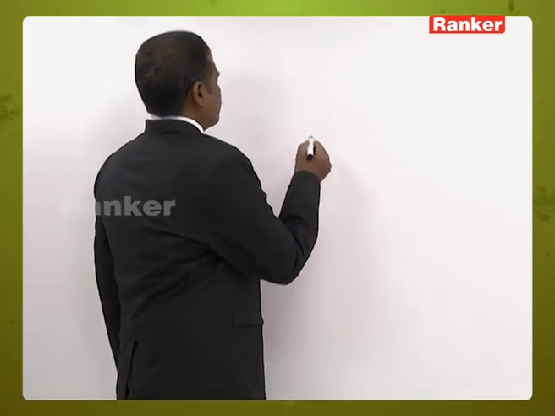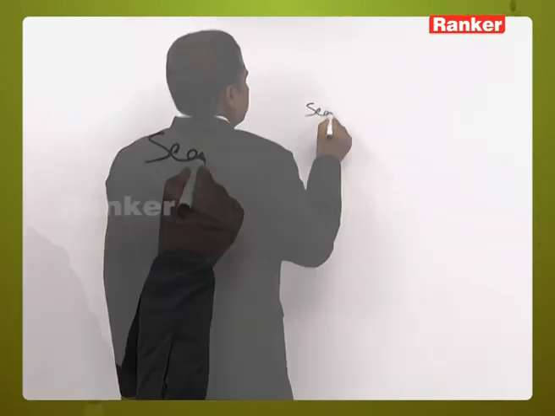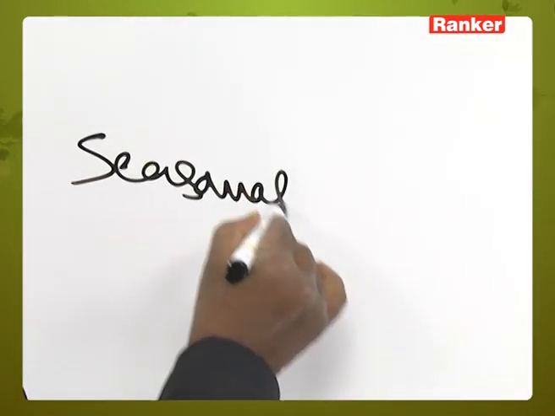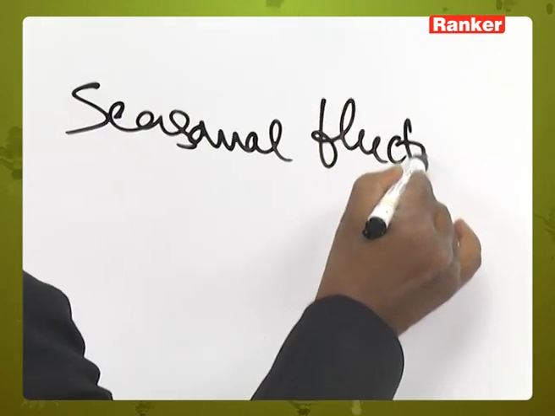In cold and temperate regions, the activity of vascular cambium is influenced by seasonal fluctuations.